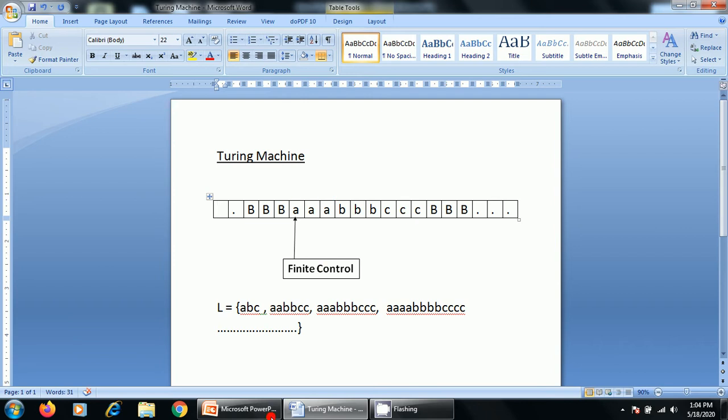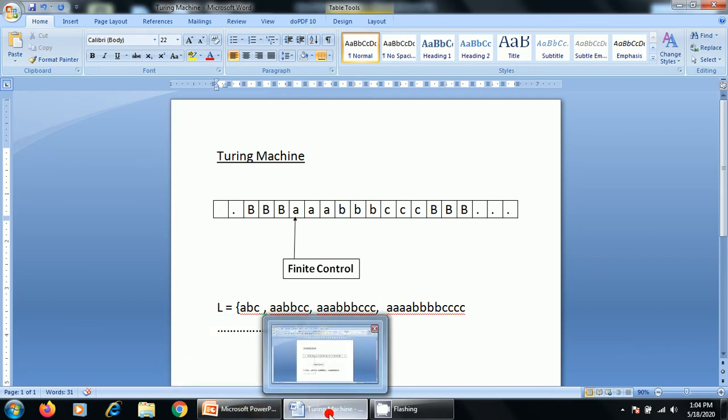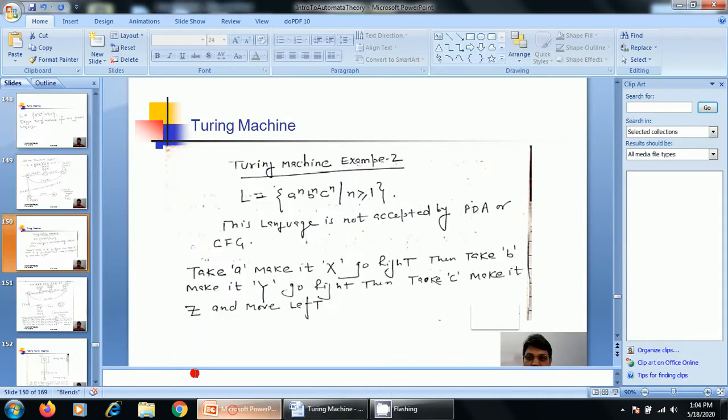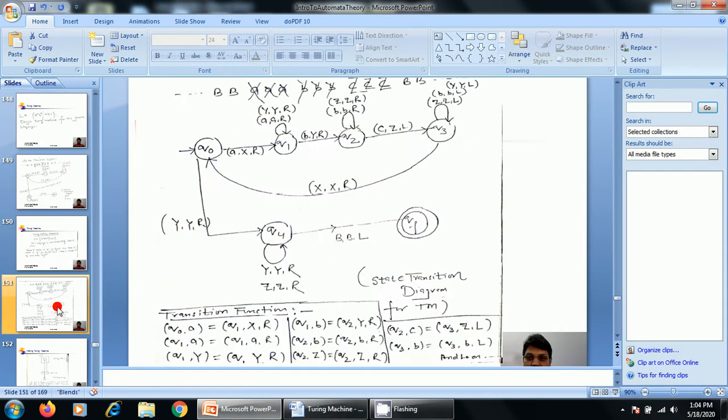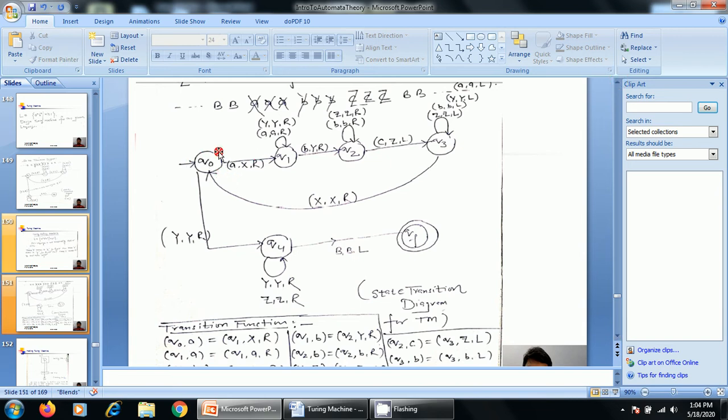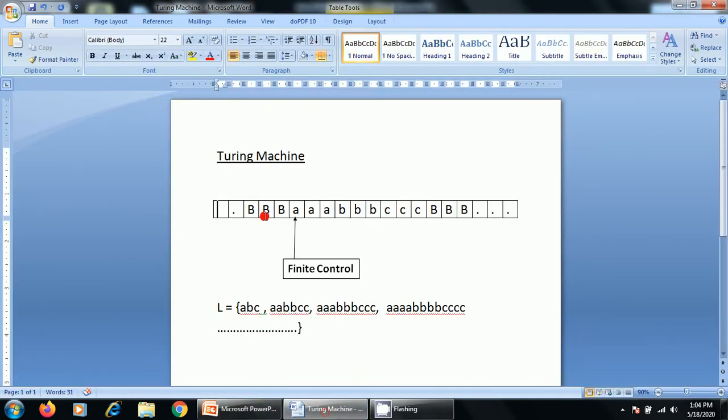This is the string. Now see, we are at this position, q0. If the input is a, make it x and move right.